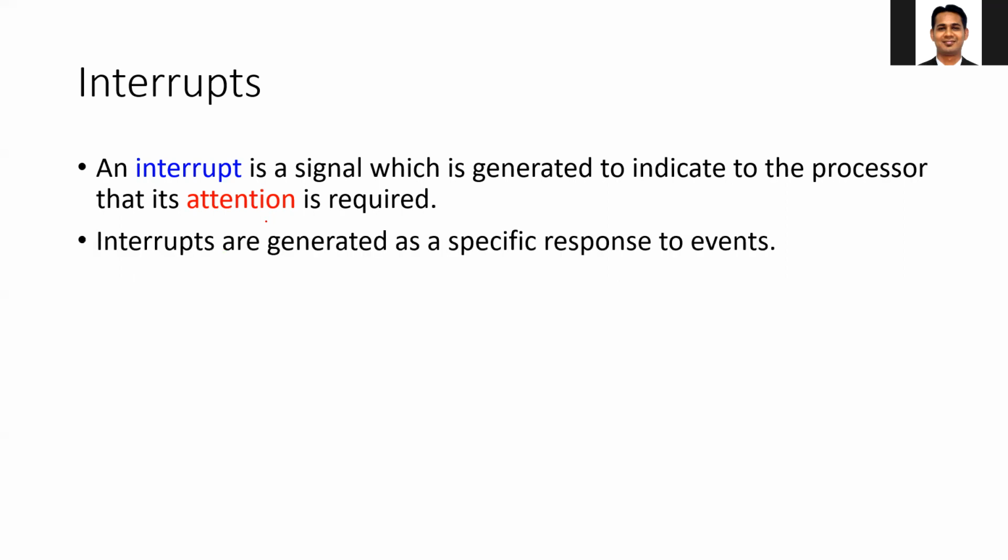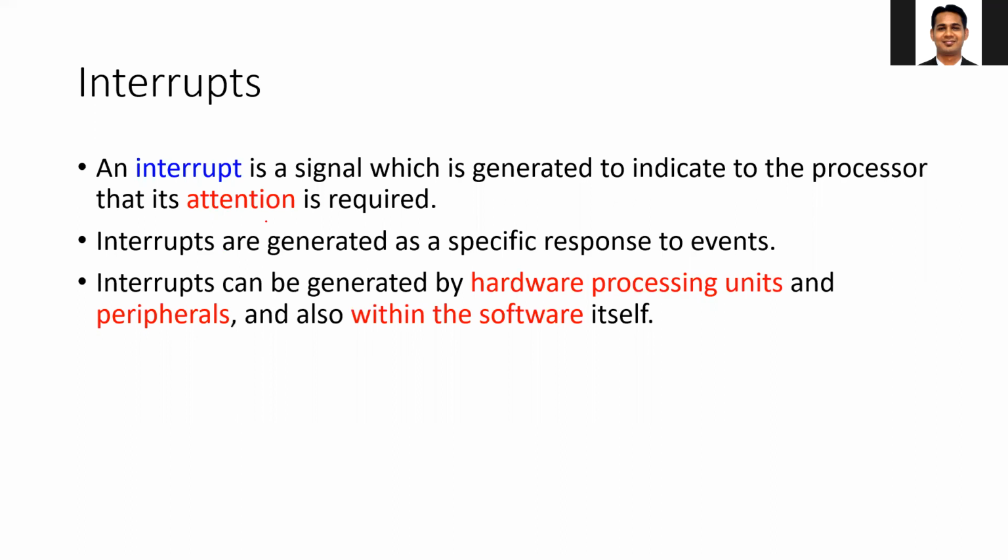Interrupts are generated by your peripheral as a specific response to certain events. They can be generated by hardware processing units or accelerators inside the PL, or by IOP peripherals inside the PS, or by software via the SWI command.